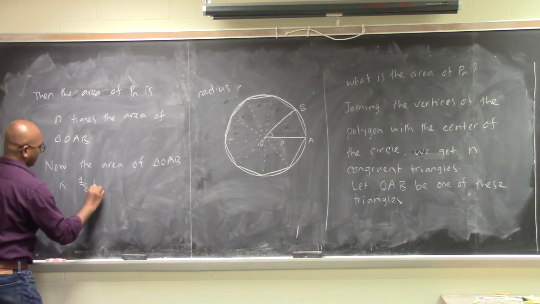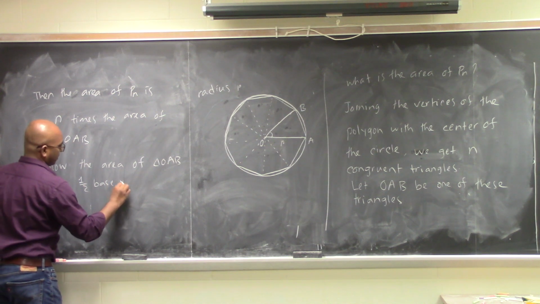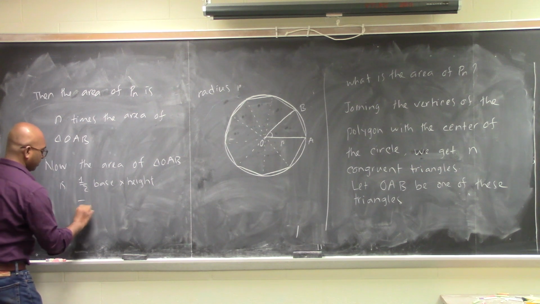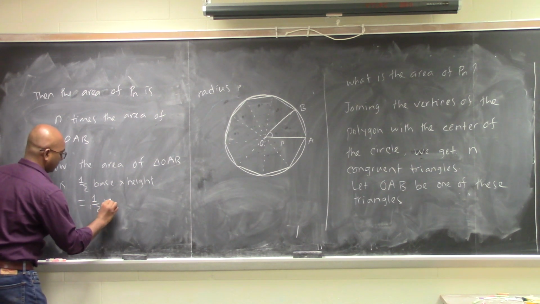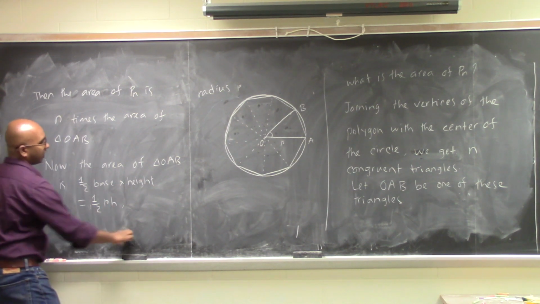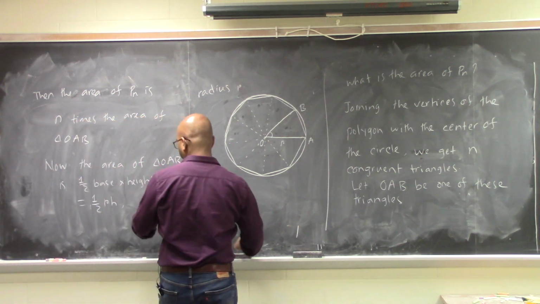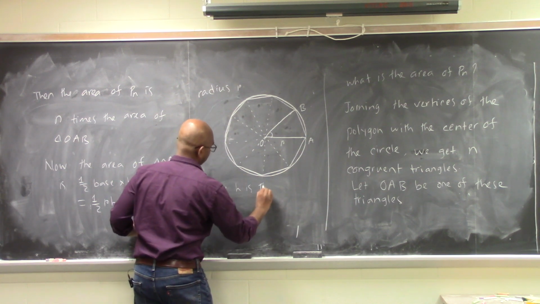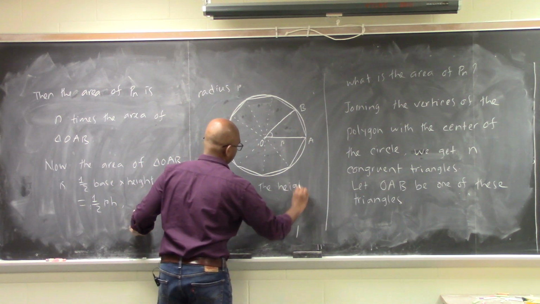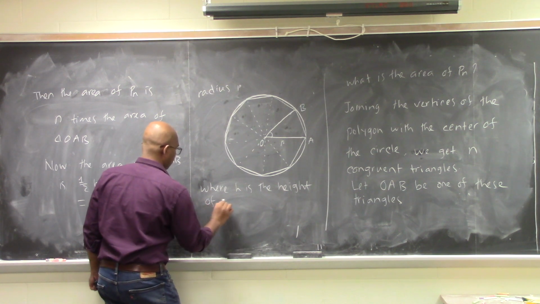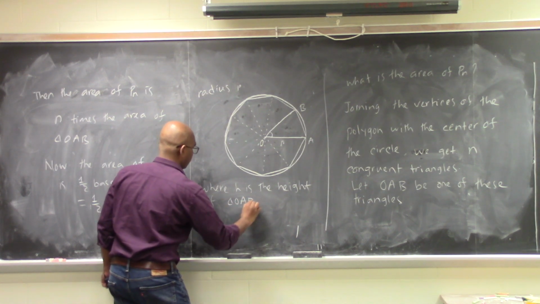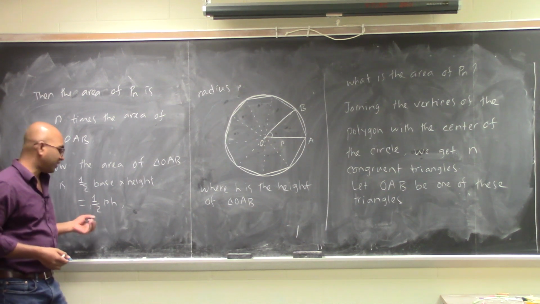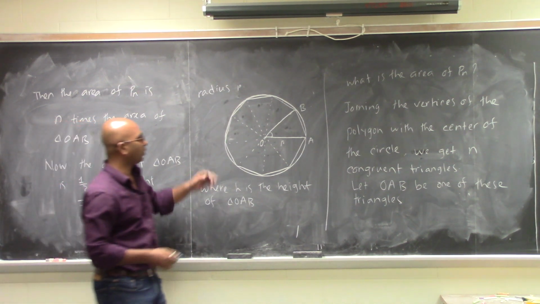Half times base times height, which equals half times r times, let's say h, where h is the height of this triangle. And we know what r is, we know what 1/2 is, so what we need to do is figure out what h is.